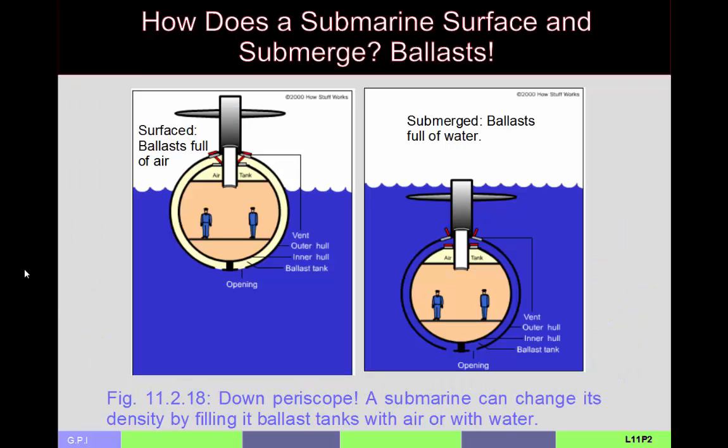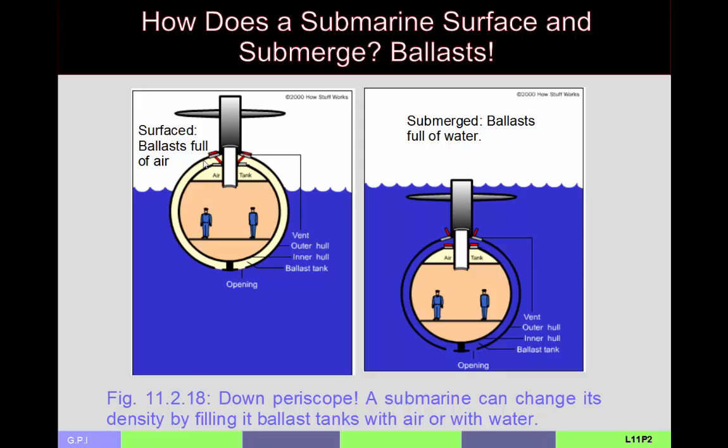The second application of Archimedes' principle is found in submarines. And the question is, how is it that you make a submarine surface or submerge? And the answer is you use ballasts.